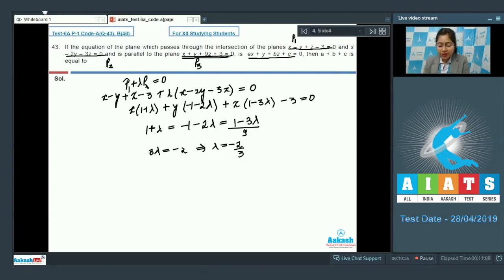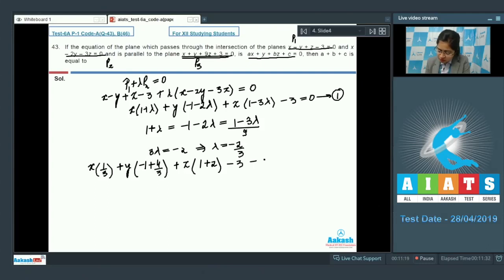Now putting back the value of lambda in equation 1, we get the required equation of plane as x into (1 minus 2 by 3), that is 1 by 3, plus y into (minus 1 minus 2 times lambda), that is plus 4 by 3, wait, that is 1 by 3, plus z times (1 plus 2 minus 3)... The equation becomes x by 3 plus y by 3 plus 3z minus 3 equal to 0.